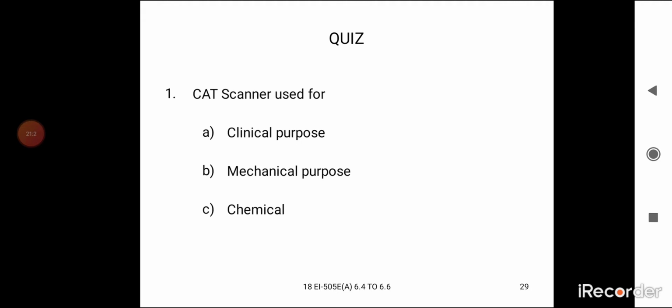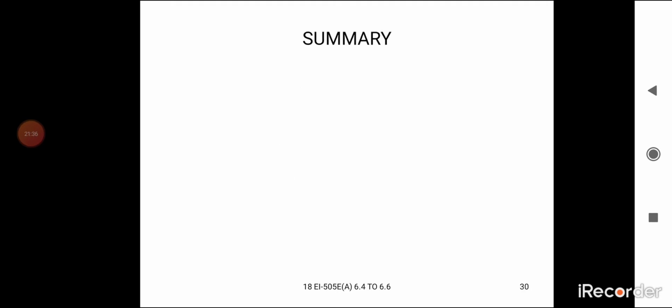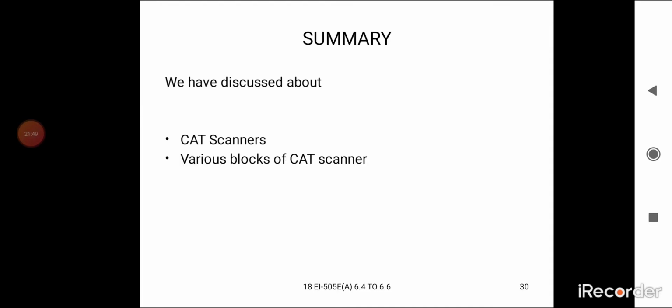Quiz. The CAT scanner is used for clinical purpose, mechanical purpose, or chemical purpose? The answer is clinical purpose. Summary: we have discussed the CAT scanner and the various blocks of the CAT scanner.